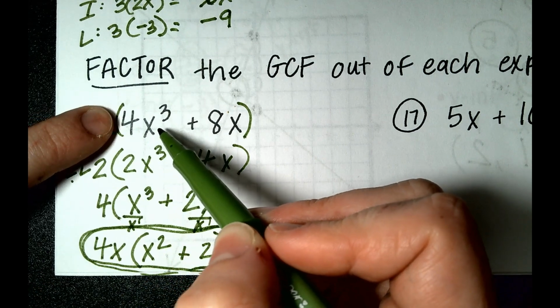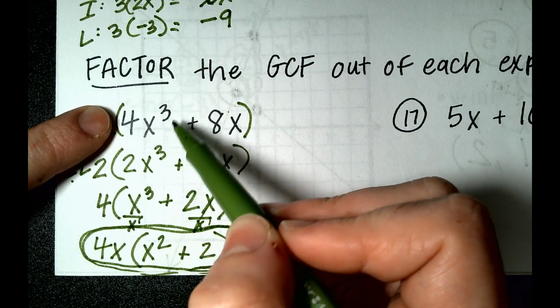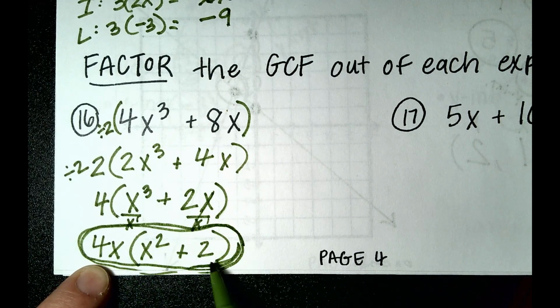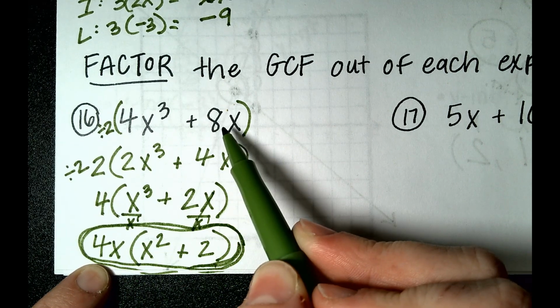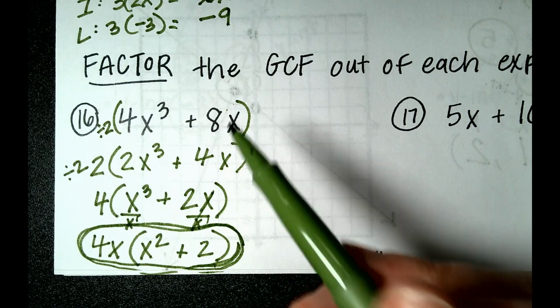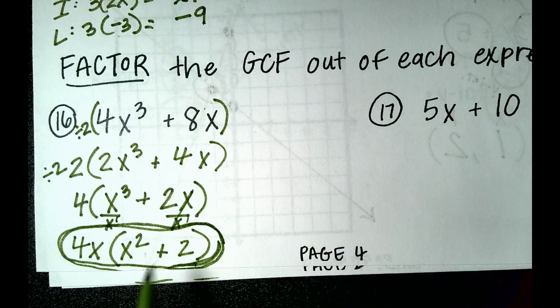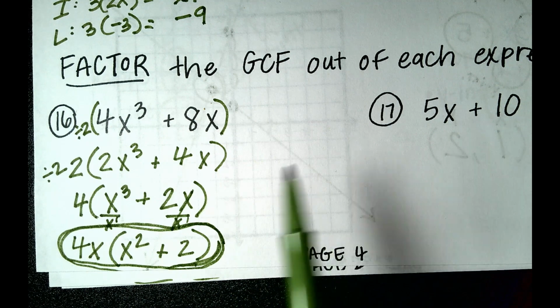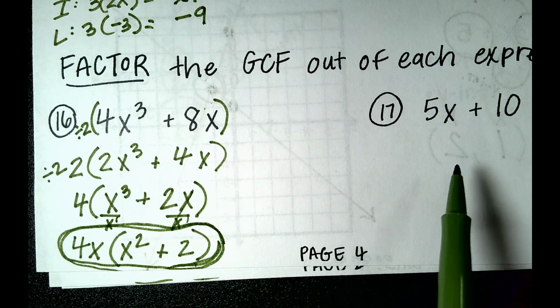Yeah, exactly. I end up with 4x to the third power. Now what if I do the next part of my distribution? 4x times 2? 8x. Yes. So we get right back to where we started. Okay. So that's what we're doing when we factor. We're dividing over and over, essentially.